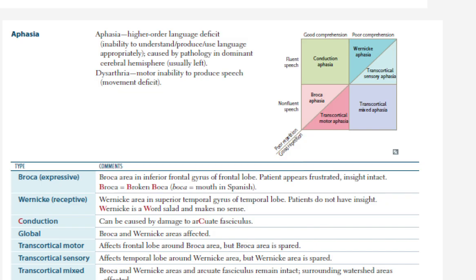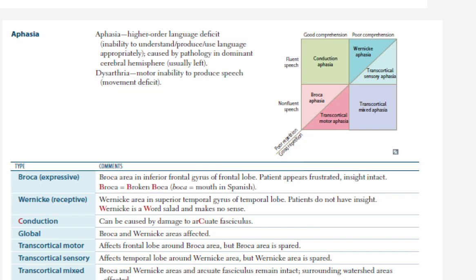Remember that aphasia is not a problem with the muscles. The lesion is in the dominant cerebral hemisphere, which is almost always the left hemisphere for people, right? Now, dysarthria is something different. Dysarthria is not aphasia. Dysarthria means that the patient knows exactly what they want to say, but they cannot move the lips, tongue, palate, or vocal muscles properly.